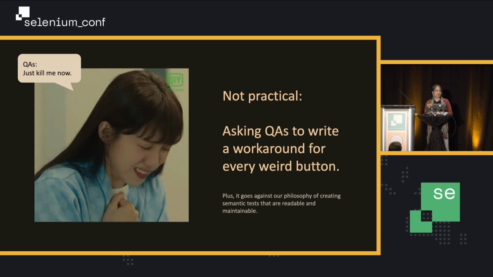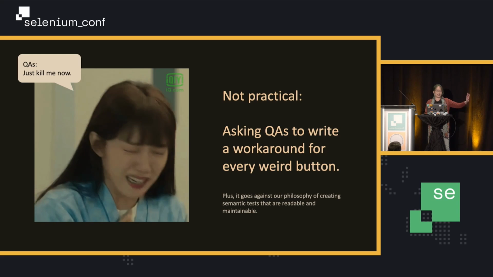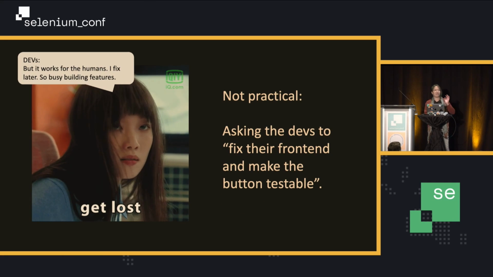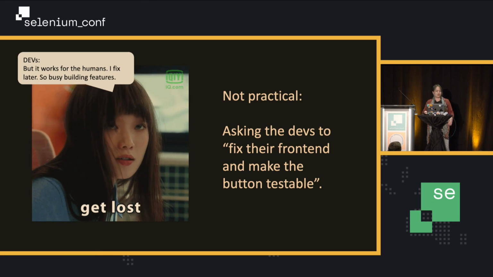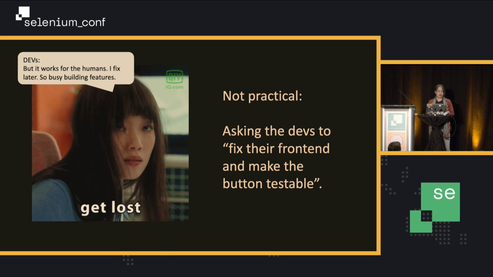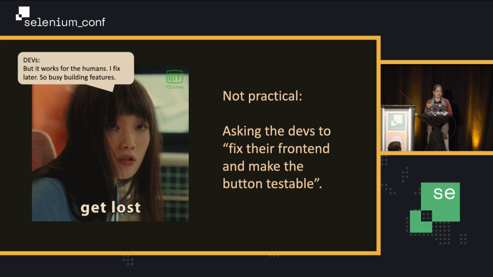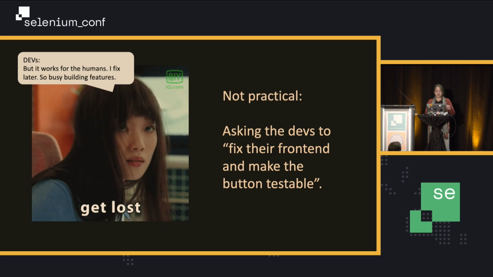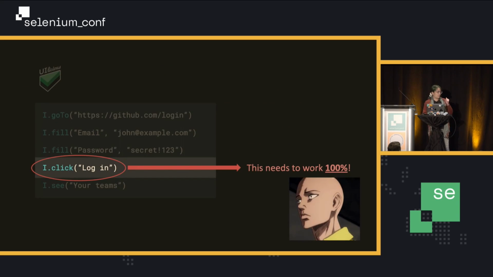And then what if you could ask the devs to make it more testable? And they're like, but it works for humans. I'll fix it later, I'm so busy. So it's impossible to ask developers to make their front-end code more testable. Some might, but usually they don't. It gets put in a backlog, which means it never gets done. Yeah, so I gotta make this work 100%.